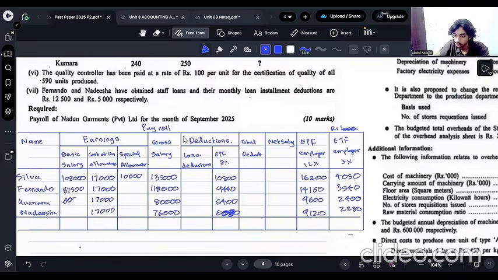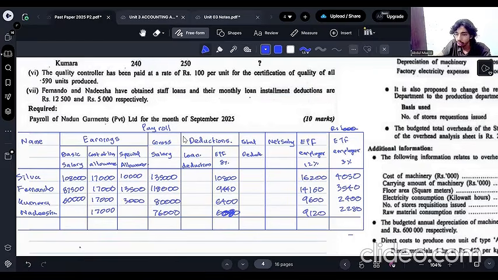Then you can find their allowance. Their allowance will be 118,000 minus 87,500 minus cost of living allowance 17,000. Special allowance will be 13,500. Kumara, 80,000 minus 17,000 minus 60,000. His allowance will be only 3,000.